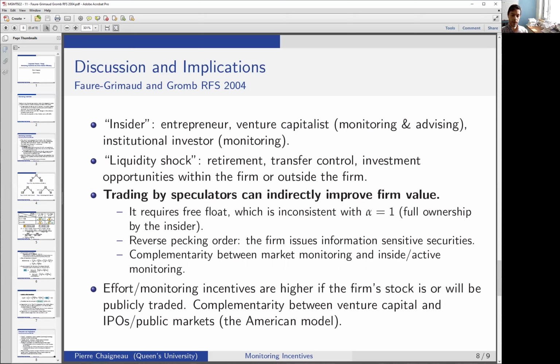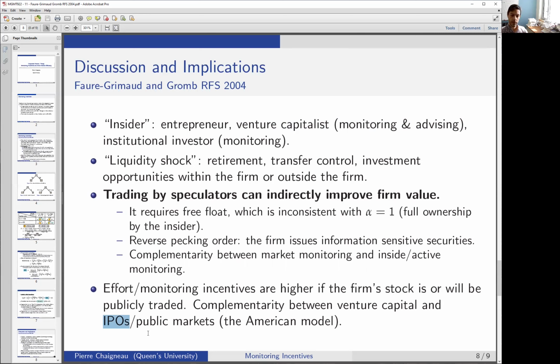Because the incentives for venture capital to make value improvements will be stronger when there is some market validation of these value improvements, for example, through an IPO, which will be the case when the stock price is informative. And in turn, the stock price will be more informative when there is some liquidity trading that increases the informed speculators' profits, and that increases their willingness to invest in information about firm value.